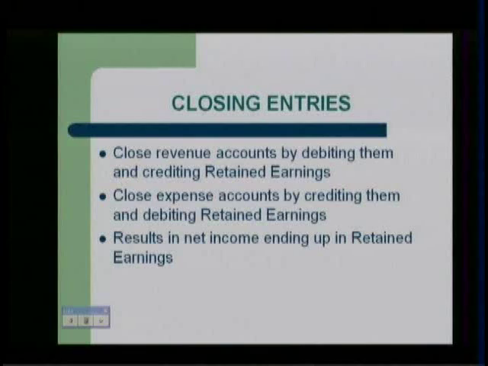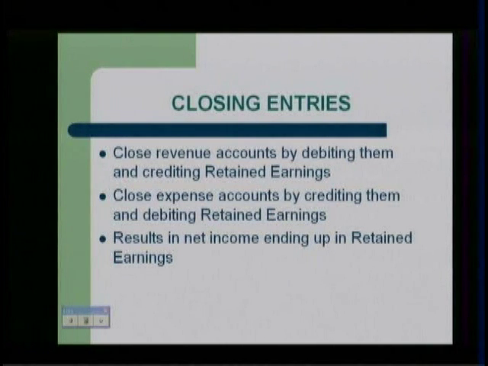Typically you do this at the beginning of the year. You close out your revenues and expenses and you put them in retained earnings. You close your revenue accounts by debiting them. Remember they're credit balance accounts, so if you debit them, they'll have a zero balance.